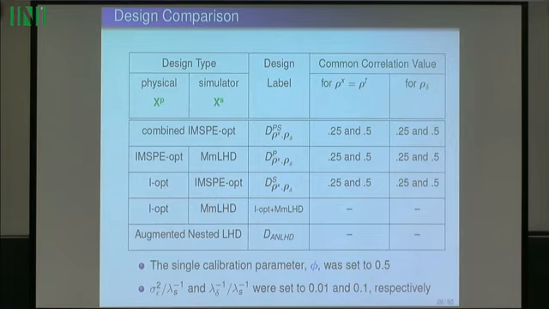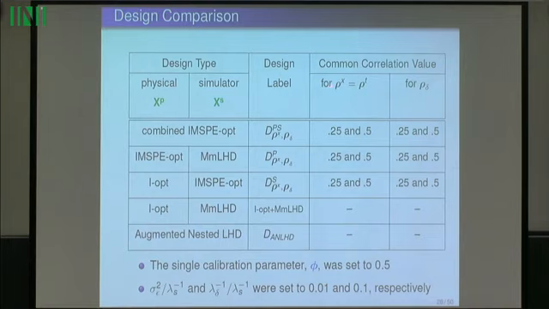So the objective then is to find the physical design and the simulator design. So this is the one where we're going to look over the whole space of physical and simulator designs to come up with a design that's IMSPE optimal for a certain choice of correlation parameters. There were 4 choices.